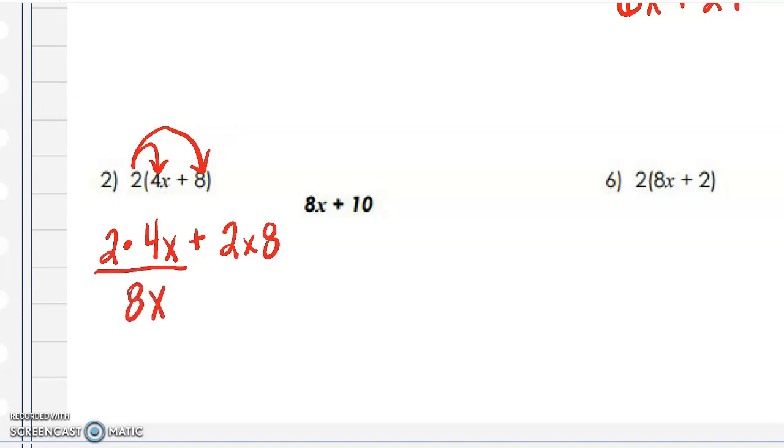I'm going to recopy the variable of 8x. Now I'm going to work on this. 2 times 8 is 16. So when I look over here, they got the first part correct, but again, they got this part wrong. If I had to guess, it looks like maybe they did 2 plus 8, which gave us 10, but we are multiplying 2 times 8.